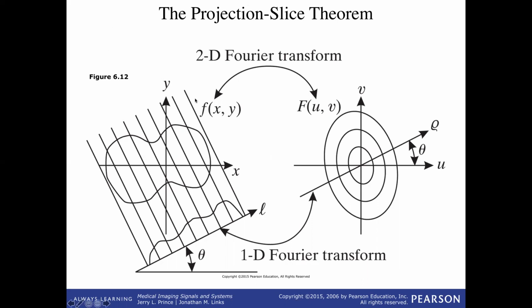So if we have an object, f(x,y), some kind of continuous function in the xy plane, and we've derived this function g(L, theta), where L is this axis and theta is this axis.